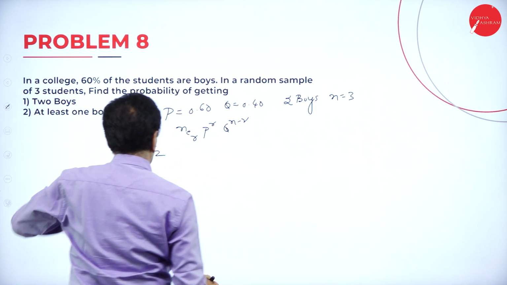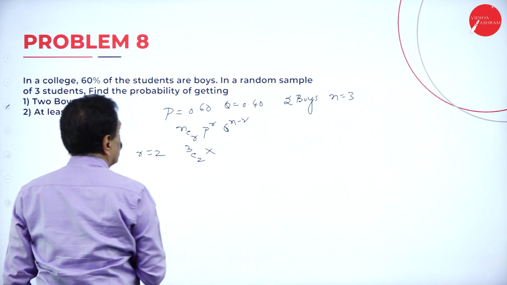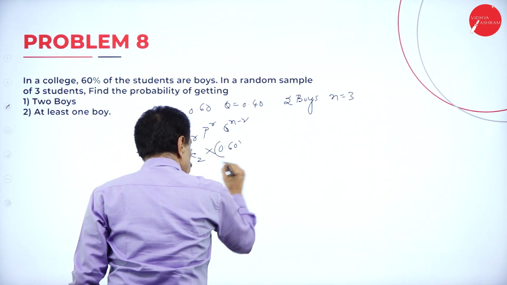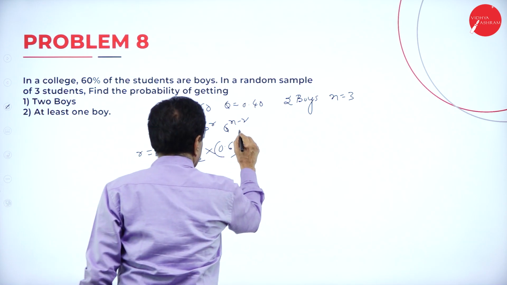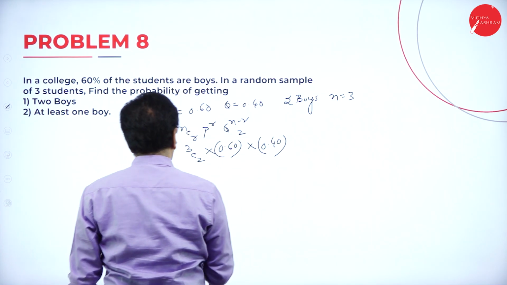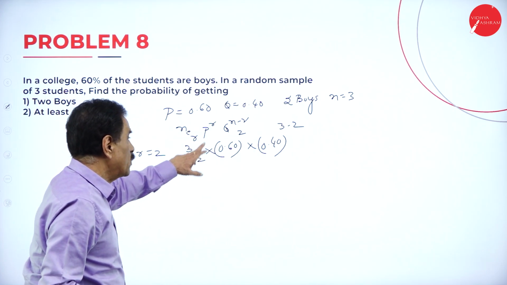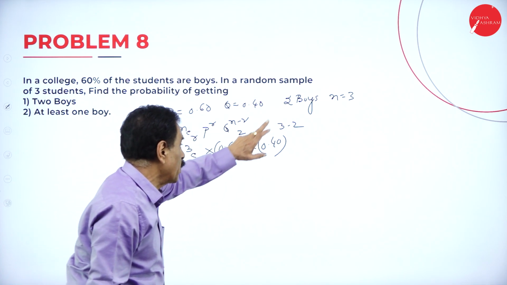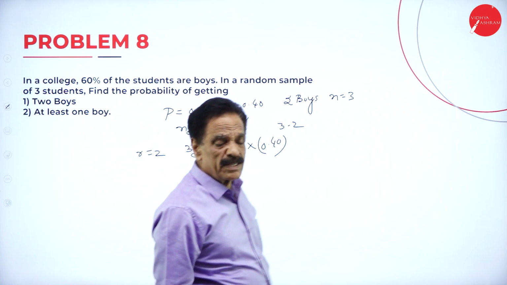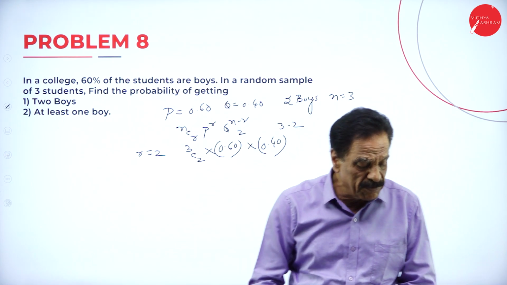So we are selecting the 2 boys. n means 3, 3C2. What's your P? 0.60 to the power of 2 into 0.40 to the power of 3 minus 2. This is P to the power of r, Q to the power of n minus r. So this is 3C2 into 0.60 to the power of 2, 0.4 to the power of 2.